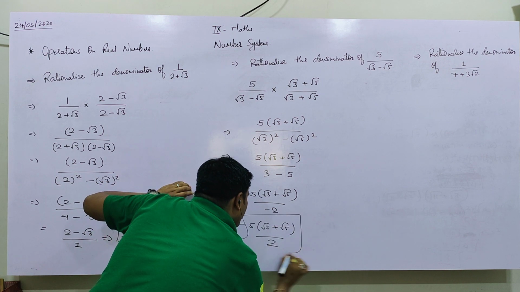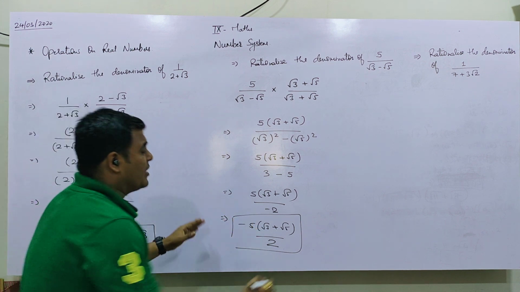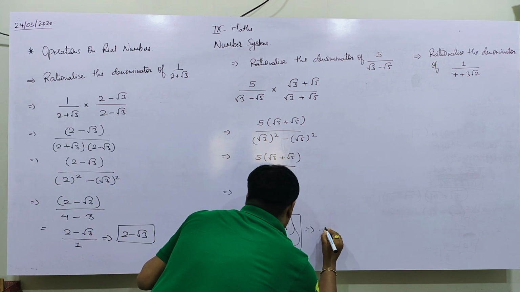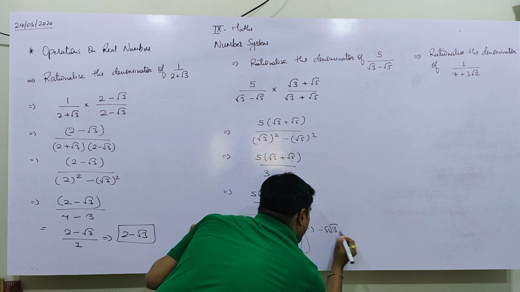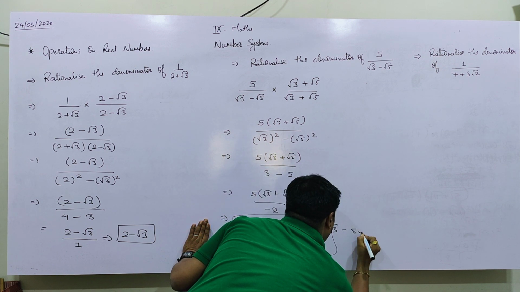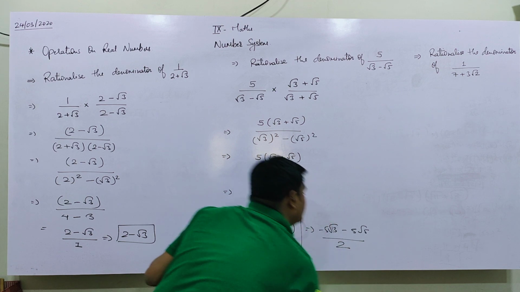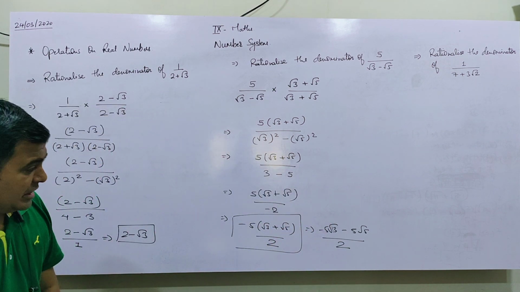This will be our final answer, or you can write it this way: minus 5 root 3 minus 5 root 5 upon 2 is also the correct answer.